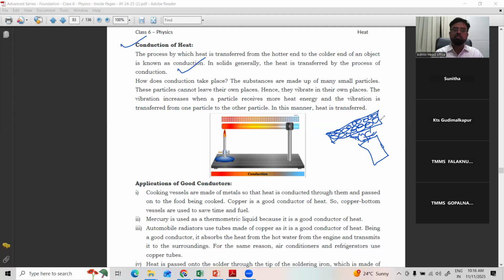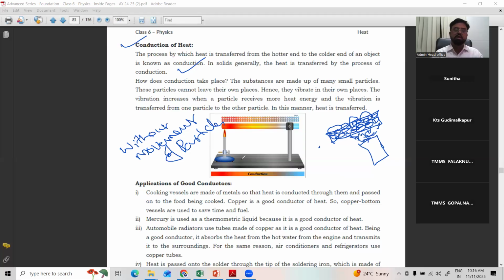What happened? Suppose when you are heating this end, the heat transfers to the next particle. Like that, there is a transfer of heat till this end. As you are heating one end, the heat transfers to the other end without movement of particles. Very important: without movement of particles, because in solids, particles cannot move.